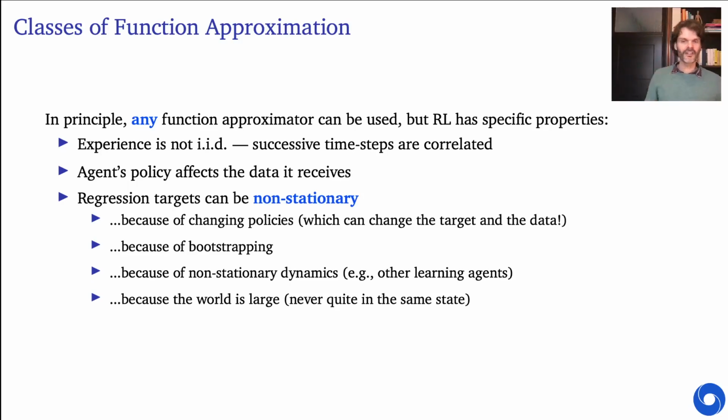This might mean that you're never actually quite in the same state. And these last two points are actually quite closely related, because if we allow for the world to be partially observable, then if the world is sufficiently large, it might appear non-stationary to you. Because you might think, oh, I'm going to that room, I'm going somewhere else, I'm going back to that room, and things have slightly changed. Maybe the sun is now setting where it wasn't setting before.